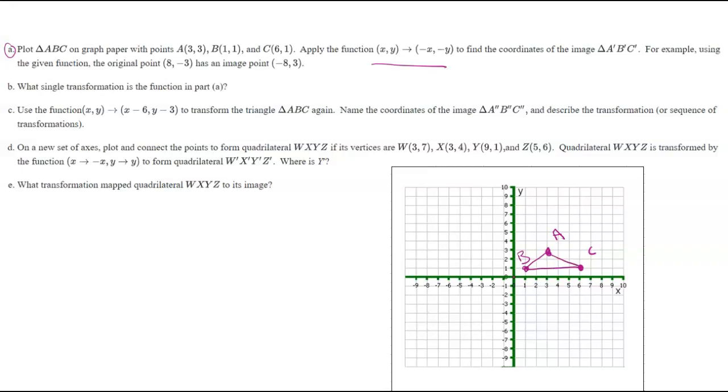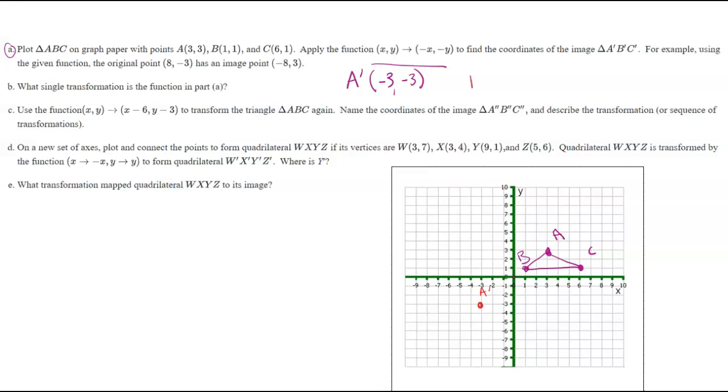And then it says apply the function. Basically it says I'm going to take my x and make it negative. So what this means is that A prime is going to be negative 3, negative 3. I just put a negative in front of it, and 3 also became negative. So I have my new point at negative 3, negative 3. This will become my A prime.